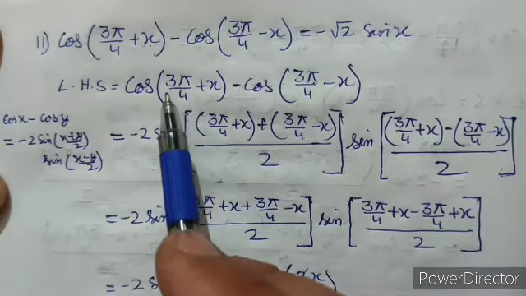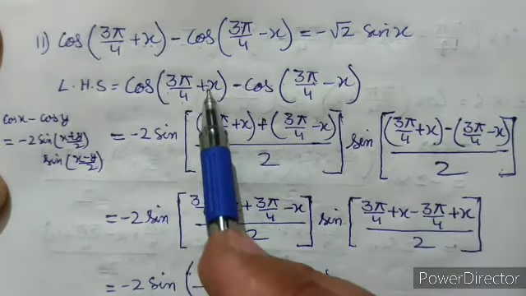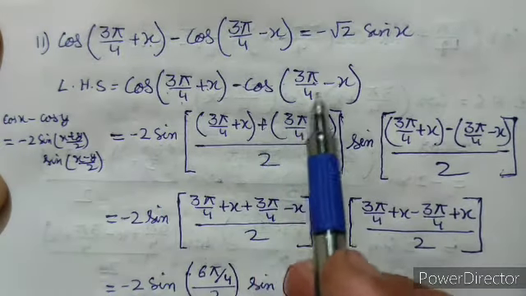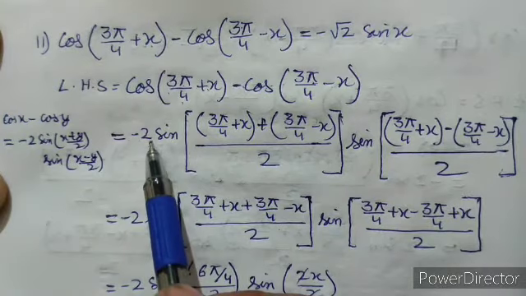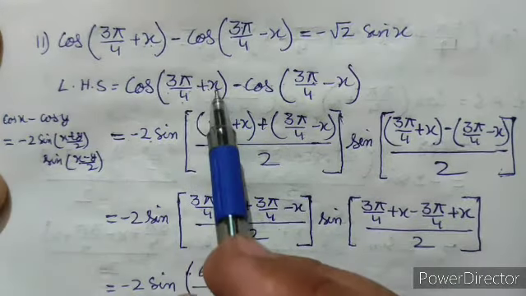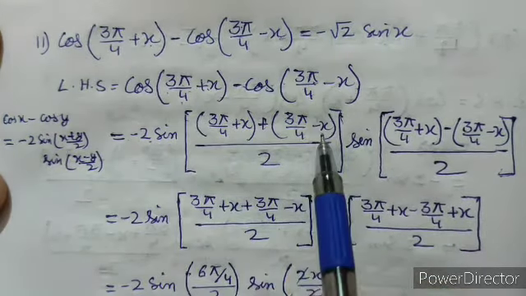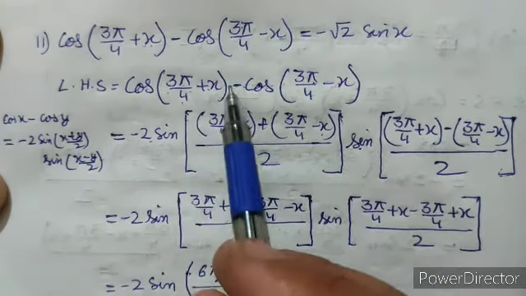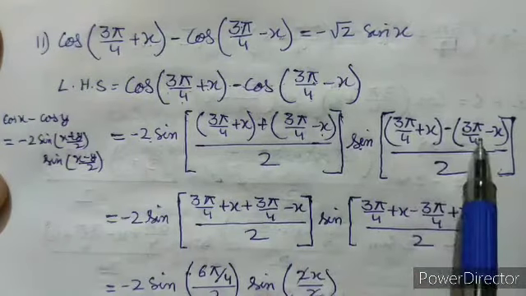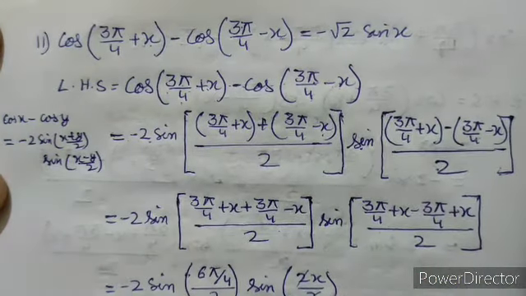So cos(3 pi by 4 plus x) minus cos(3 pi by 4 minus x) can be written as minus 2 sin((3 pi by 4 plus x plus 3 pi by 4 minus x) upon 2) sin((3 pi by 4 plus x minus 3 pi by 4 minus x) upon 2).